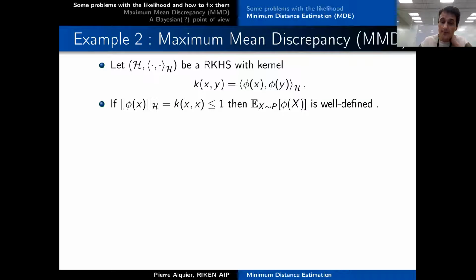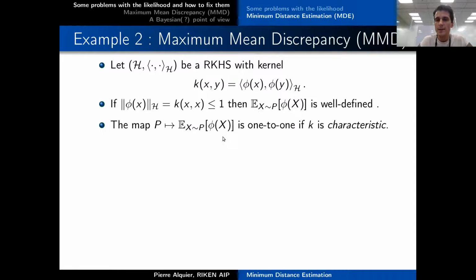Then if your function phi is bounded, which leads to the kernel K being bounded, you can define the expectation of phi for any distribution P on X. And the property of kernels being characteristic exactly ensures that this map is 1-to-1.